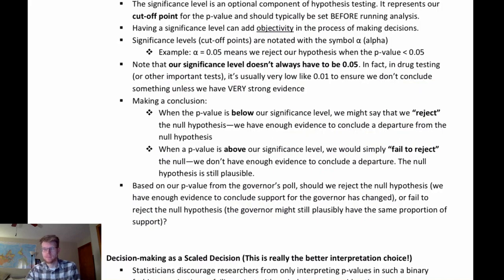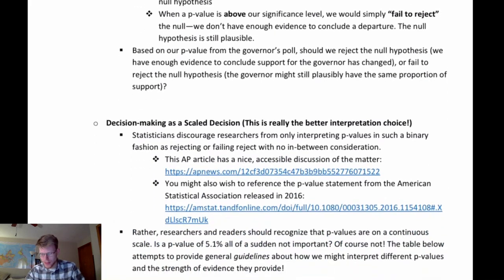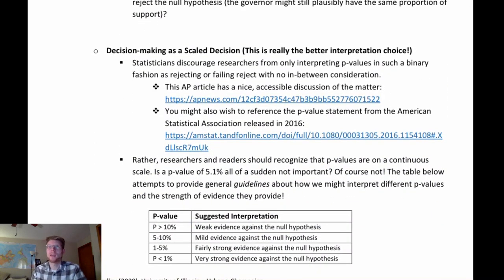Okay. And then lastly in this video is the idea of scaled decision making with p-values. And this is super important, especially in our class. We'd like to get away from just rejecting and failing to reject, because this kind of trivializes the information we're getting. It turns it into a binary rather than the scaled meaning that the p-value provides to us.